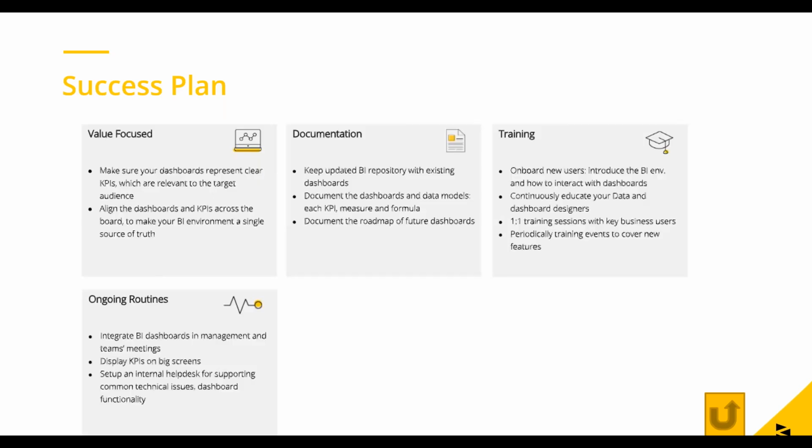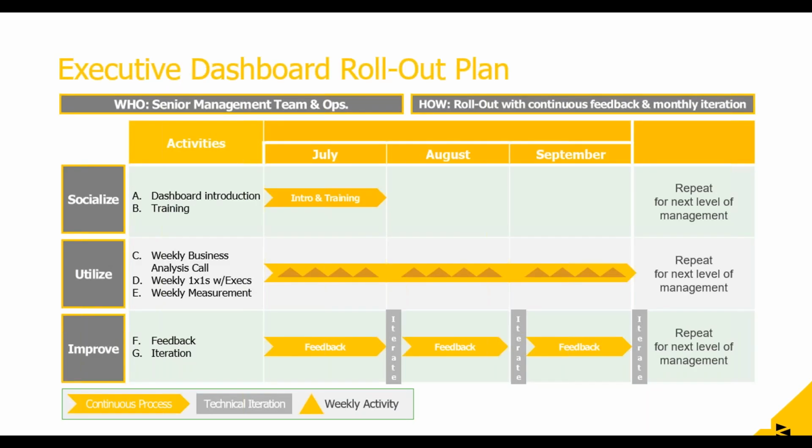Let me share that very quickly. Okay, so here is a nice example. We identify the audience. You see here who is the senior management team and the operation team, how we are going to do the change, and what are the activities that we are going to perform.